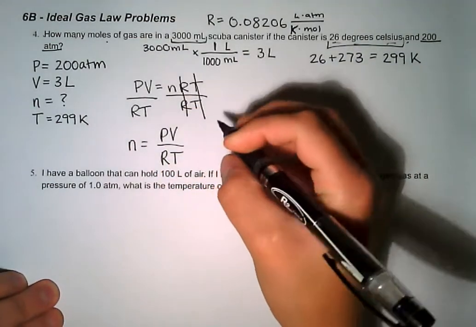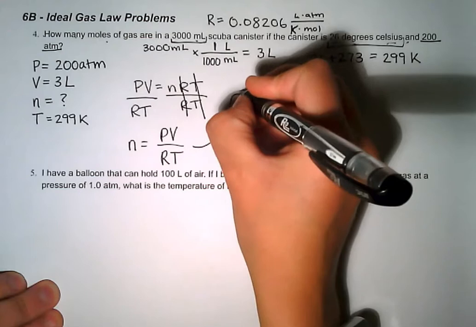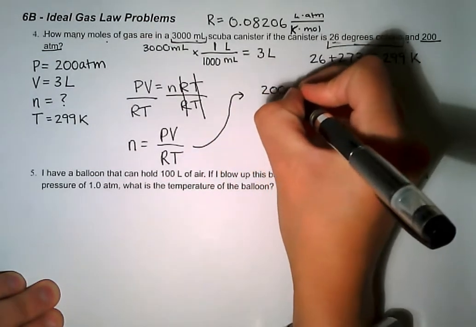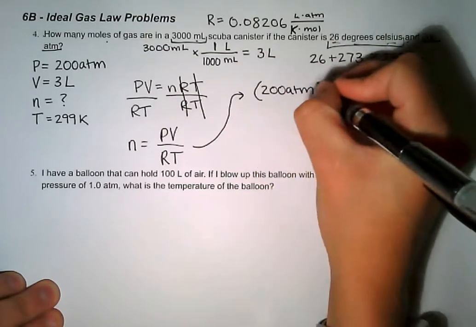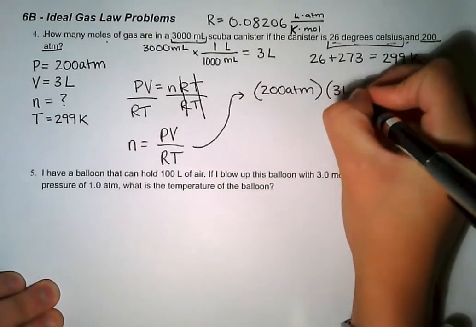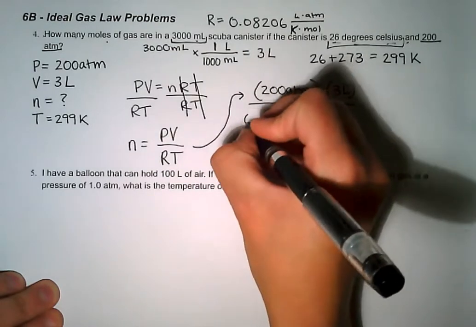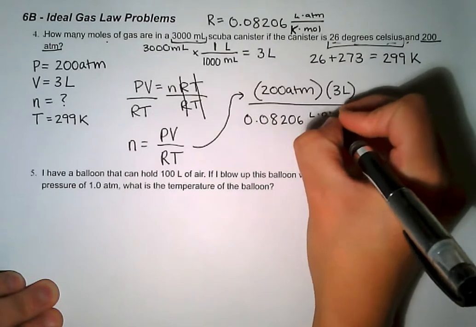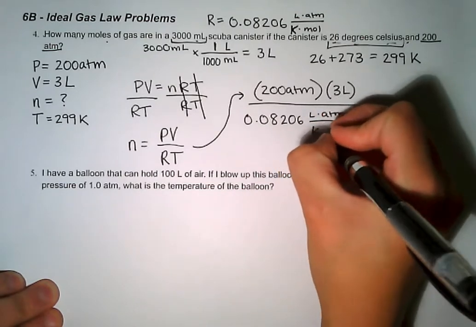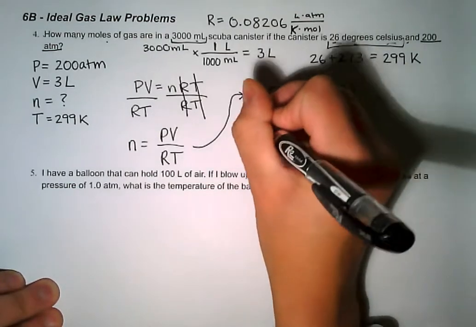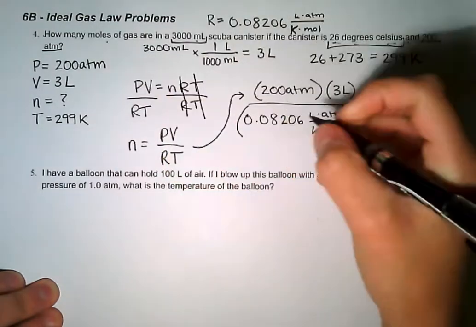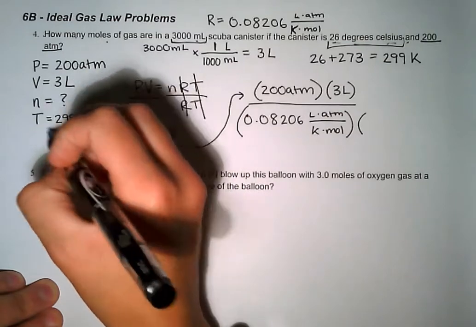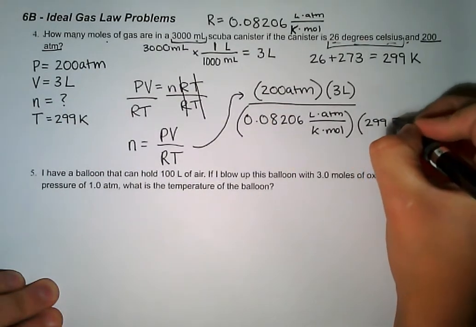Now we just need to substitute numbers in. So pressure is 200 ATM times volume, 3 liters, over R, 0.08206 liters times ATM over Kelvin times mole, times our temperature, which is 299 Kelvin.